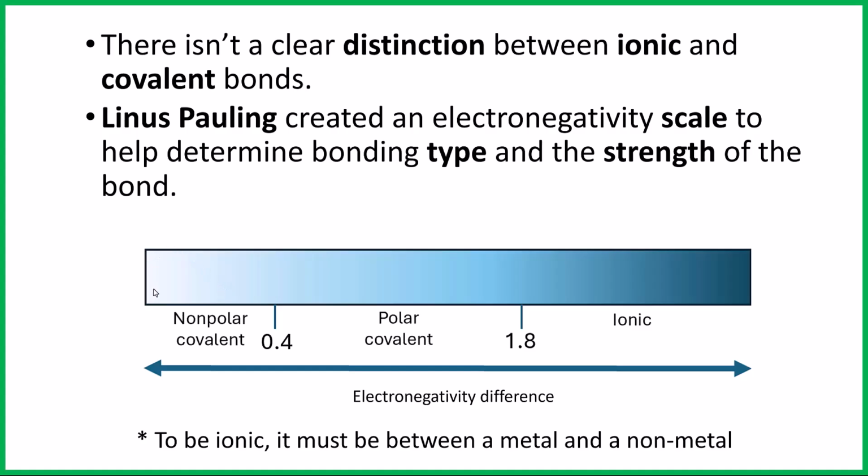So here we have sort of equal electronegativity values, and then they're becoming more unequal and then very unequal in the ionic category. And that's why one atom in an ionic bond is actually pulling an entire electron off of another. And so they're not sharing at all. But just as a reminder, they have to be between a metal and a nonmetal.